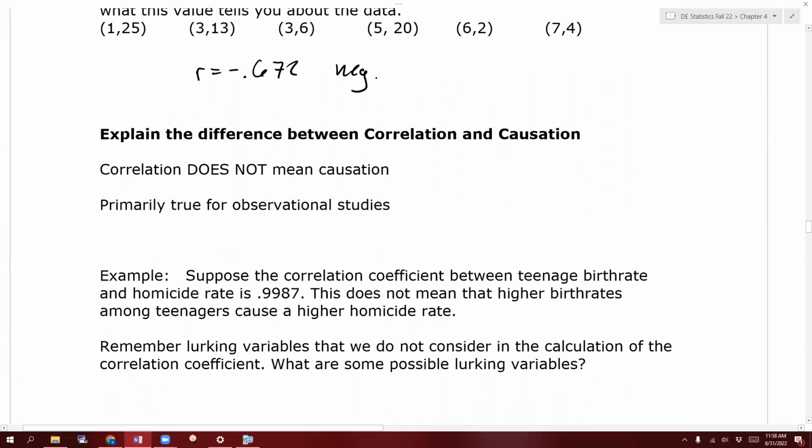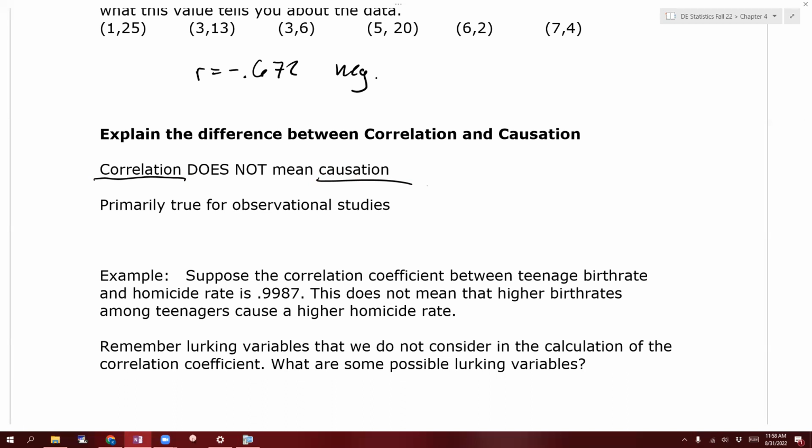And this is kind of the tricky part of stats, the part that the human brain naturally has a hard time with, which is no matter how strong the correlation is, it does not ever make causation. So even if you have an R value of 0.99999, that correlation does not mean causation. And it is a common tactic to think, well, if I have a really strong correlation, then that makes it a causation.